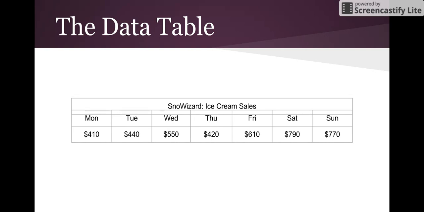As you can see, on Monday they made $410. Tuesday, they made $440. Wednesday, $550. Thursday, $420. Friday, $610. Saturday, $790. And on Sunday, they made $770.